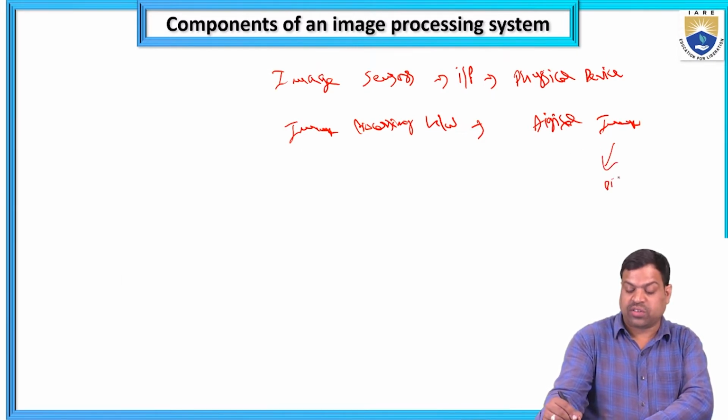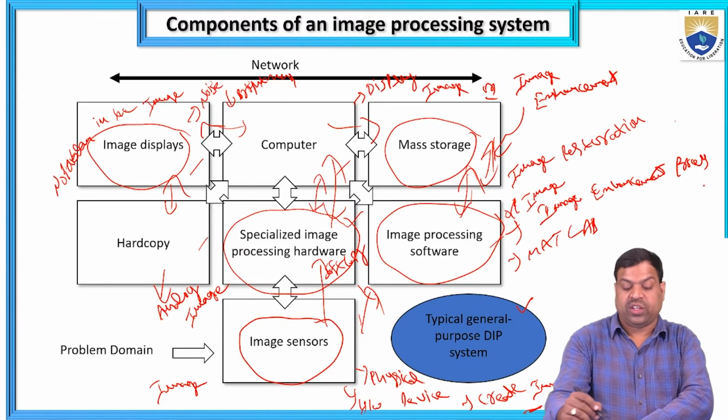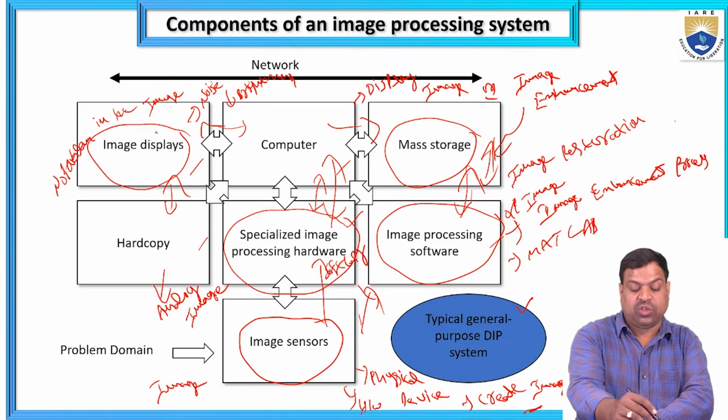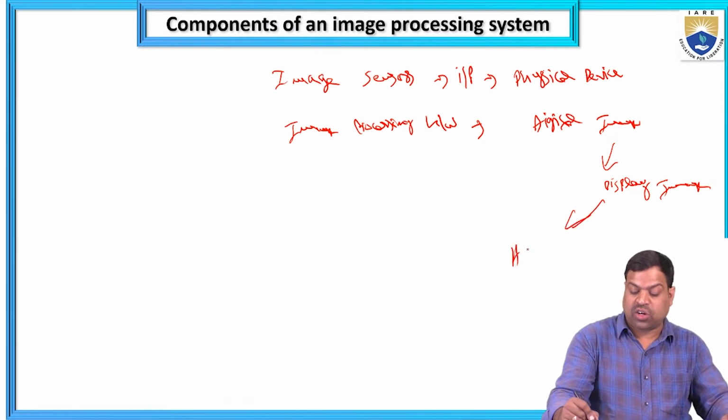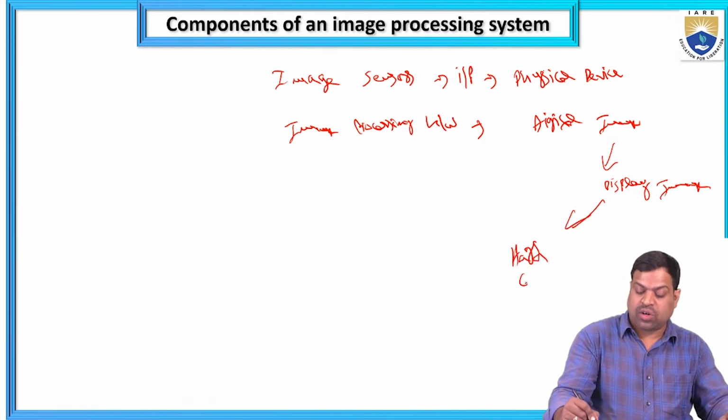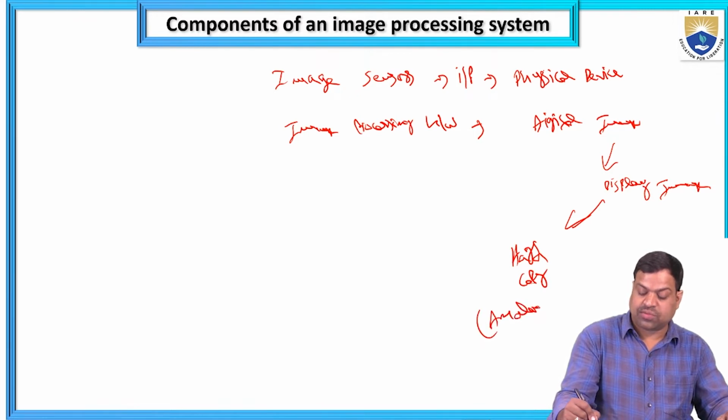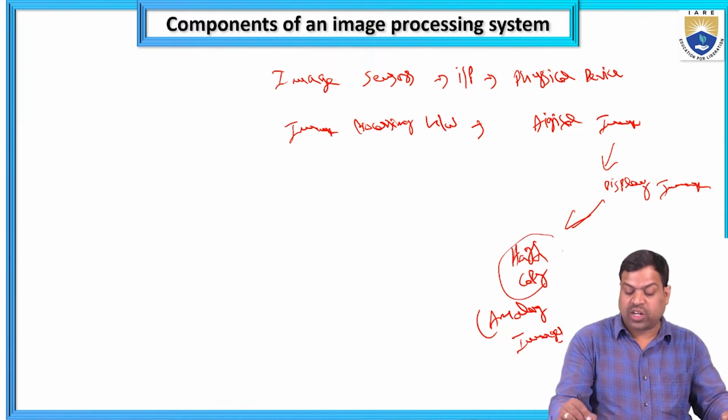Then the display image shows the image. If there is no problem, it goes to the hard copy. Hard copy is also called an analog image.